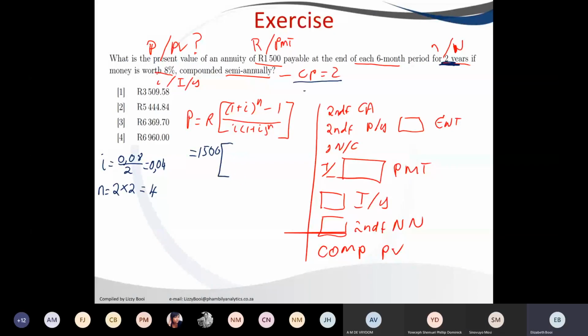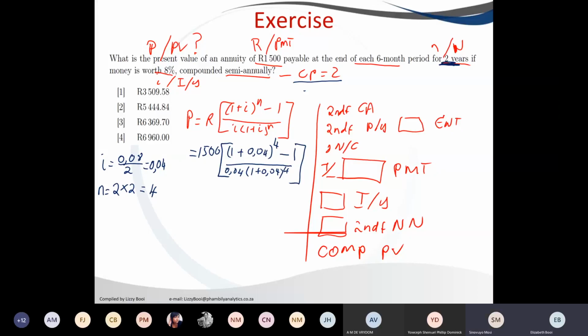When we go into the formula, it will be 1 plus our I, we use 0.04, to the power 4, minus 1, divided by 0.04 times 1 plus 0.04 to the power 4, and close bracket.